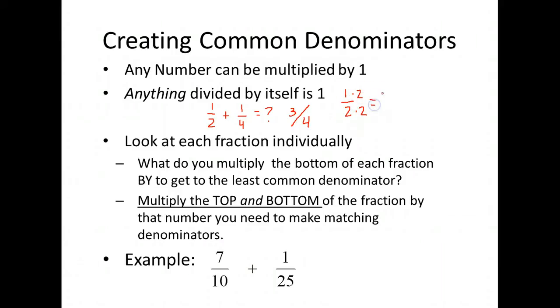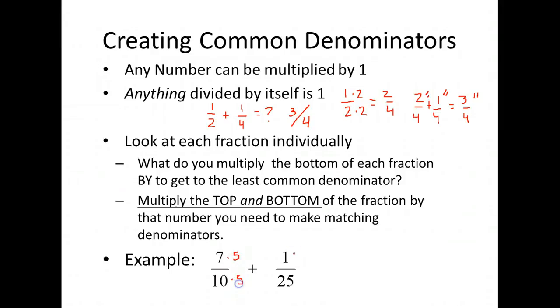So I would get 2 out of 4. Now if I rewrite that problem with common denominators, 2/4 plus 1/4, now it makes perfect sense. 2/4 of an inch plus 1/4 of an inch equals 3/4 of an inch. Again, we do this all the time in our heads. Trust yourself that you're capable of doing it.